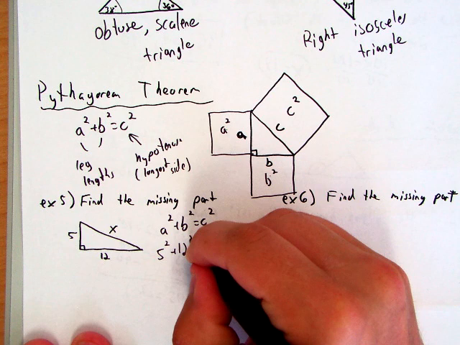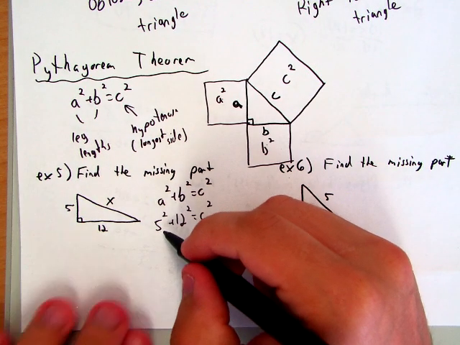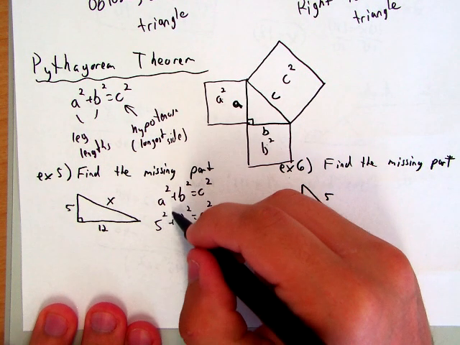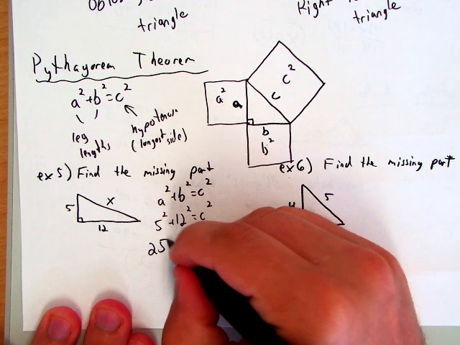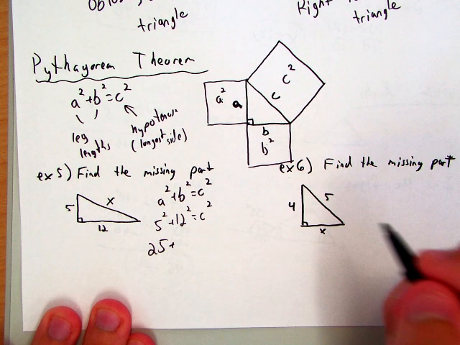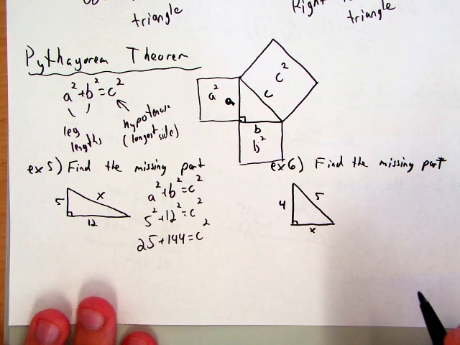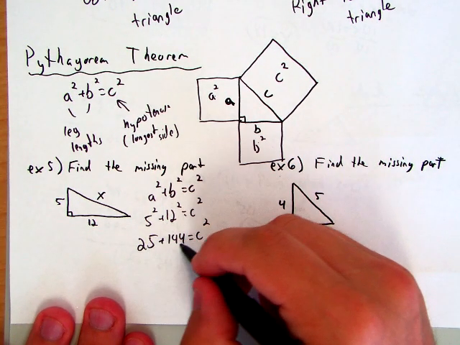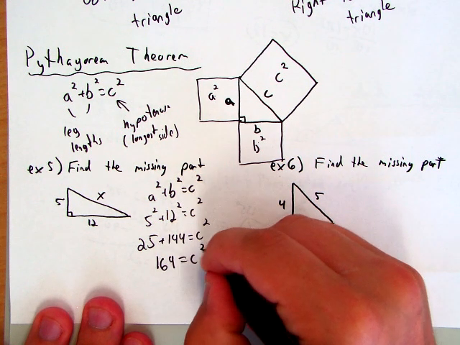So 5 squared plus 12 squared equals C squared. Recall that when I square a number, that means it's 5 times itself. So 5 times 5 would be 25. 12 times 12 is 144. And then I get C squared. Combine like terms, 25 and 144 is 169.